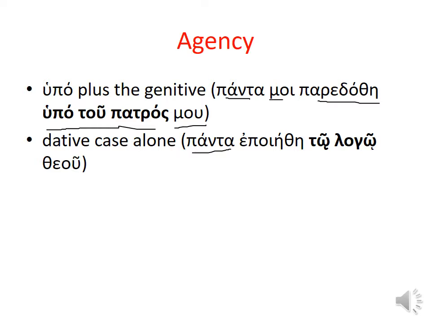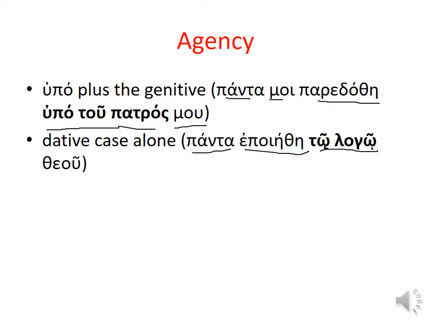This time we have, all things were made, and now we have the dative. Now this can be very confusing for students at first, because you learn that the dative is translated "to," and you become very committed to that, and you want every dative to be "to." But I have to tell you, not every dative will be translated "to."